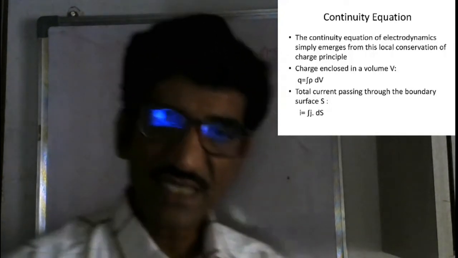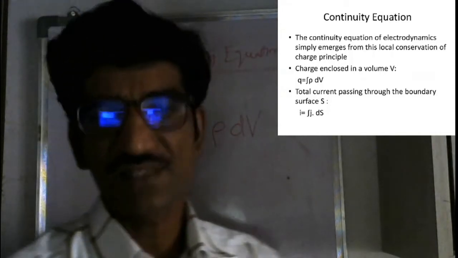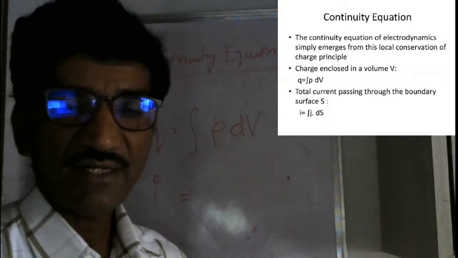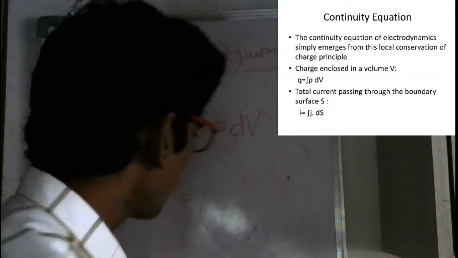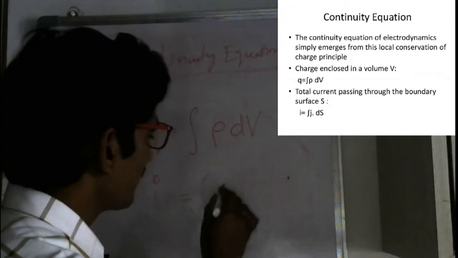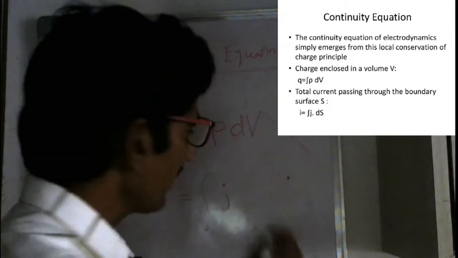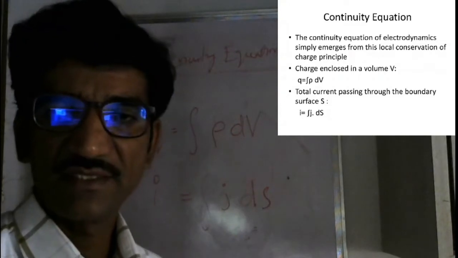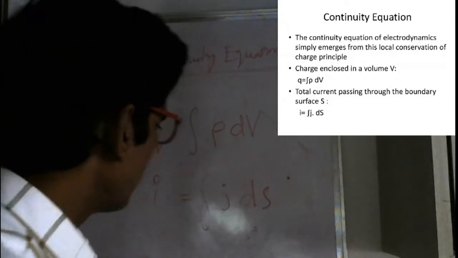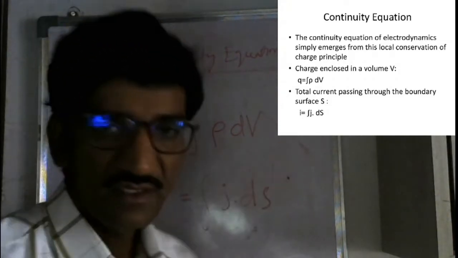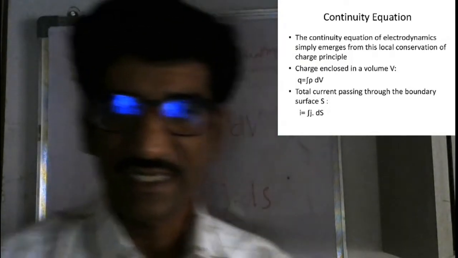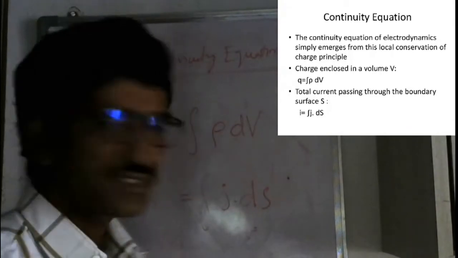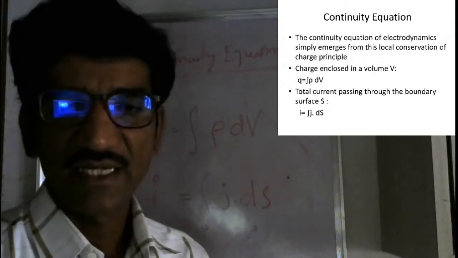If J is the current density, we may write the current flowing out of this surface as the integral of J dot ds. So I is equal to the integral of J dot ds, or simply I is equal to the integral of J ds.